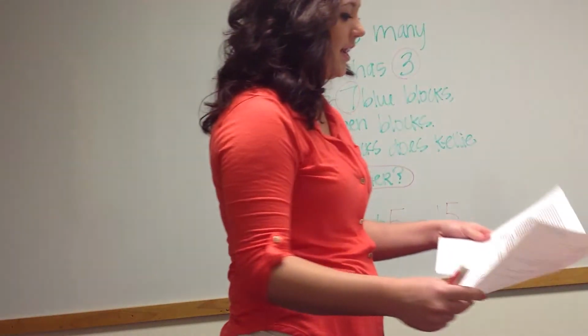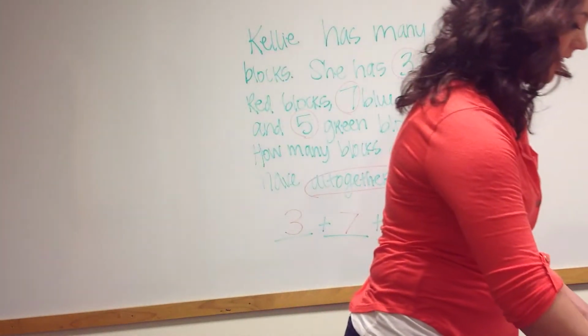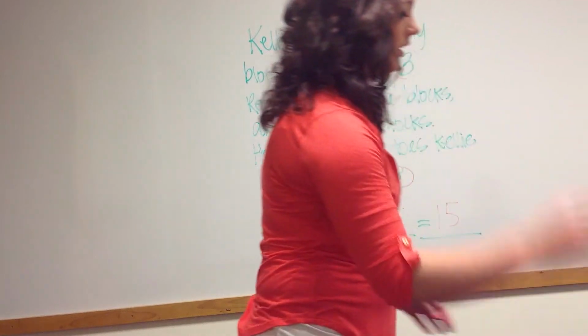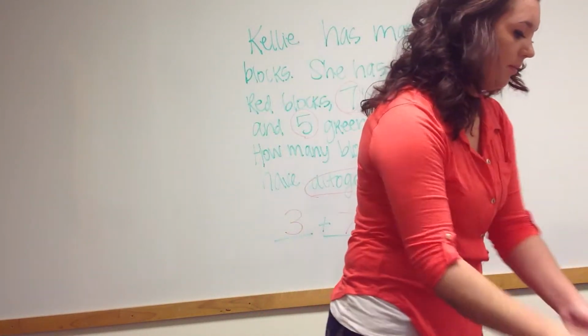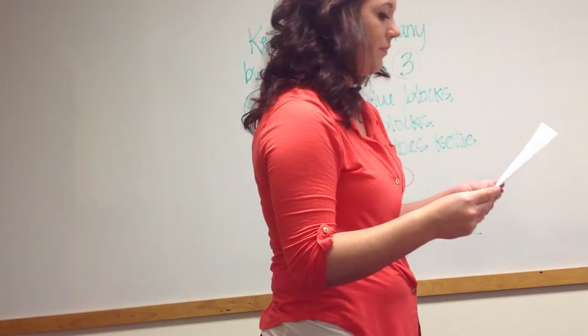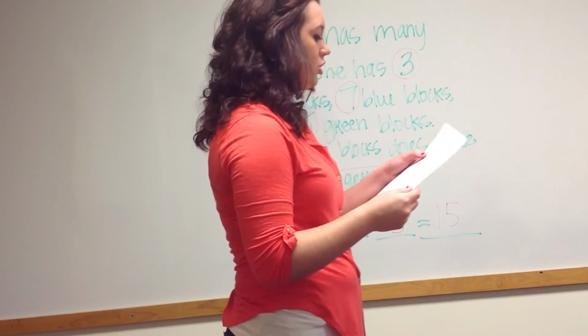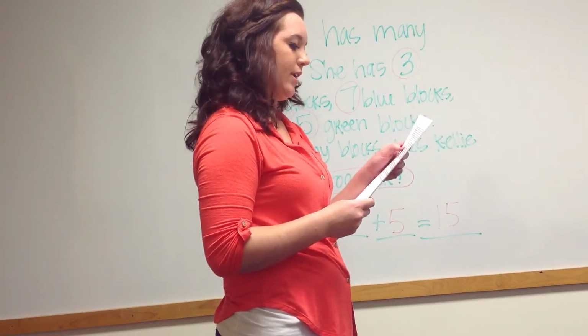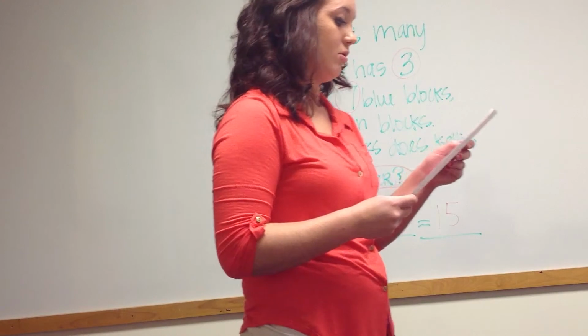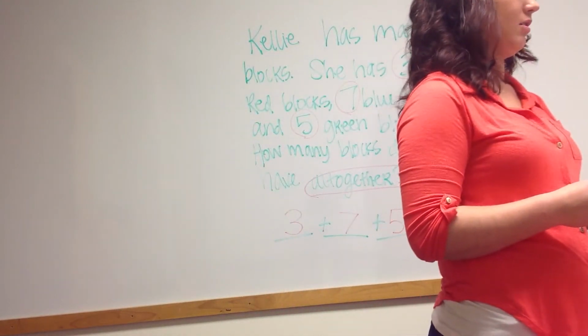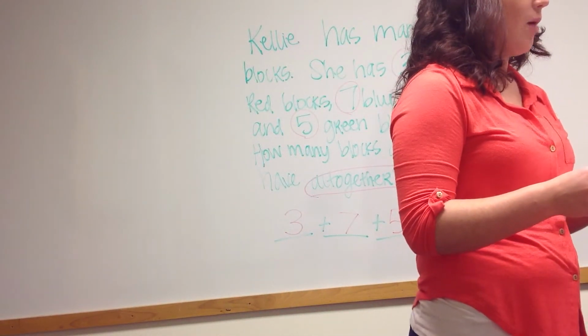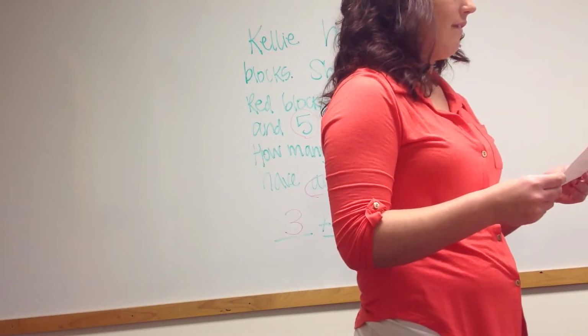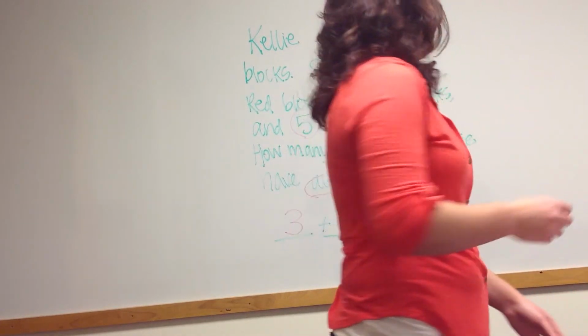Okay, let's try another one, and this time I want you guys to help me, okay? So our new story problem is: Matthew has 2 blue toy cars, 3 red toy cars, and 4 yellow toy cars. How many toy cars does Matthew have all together?